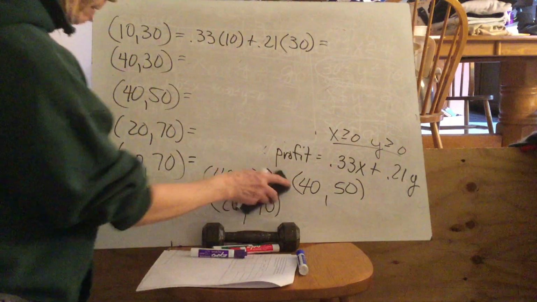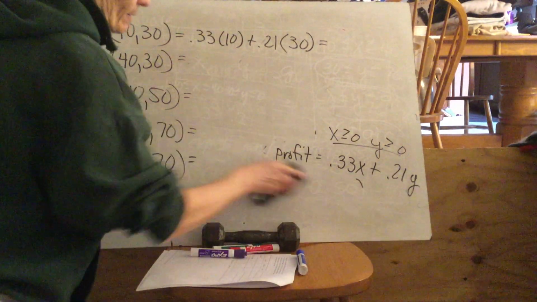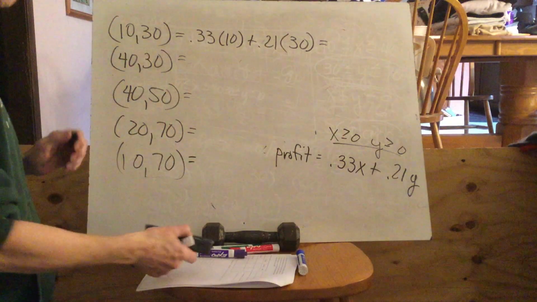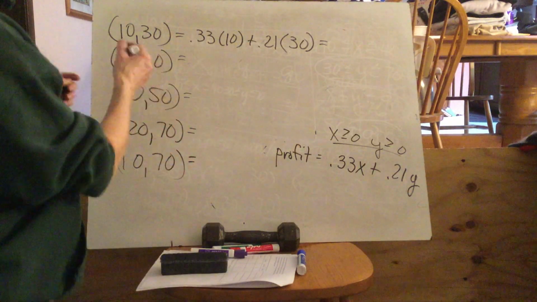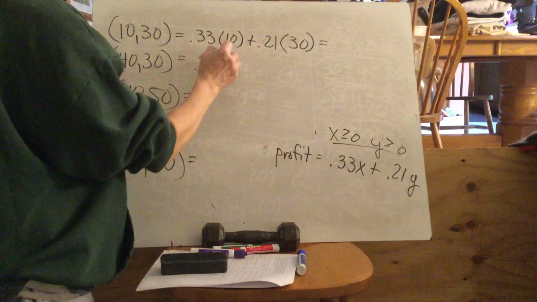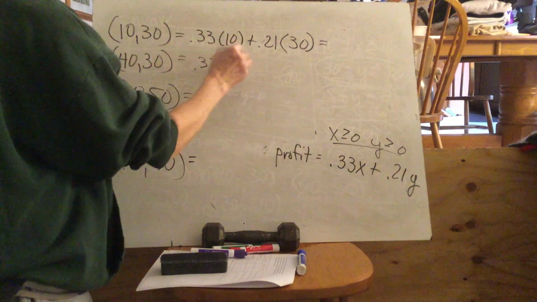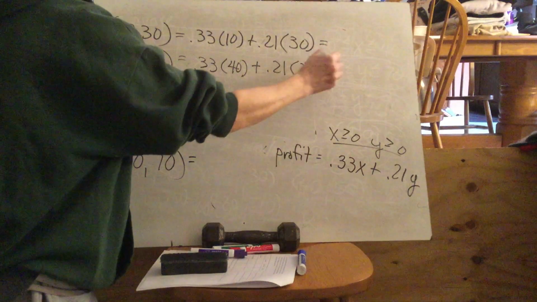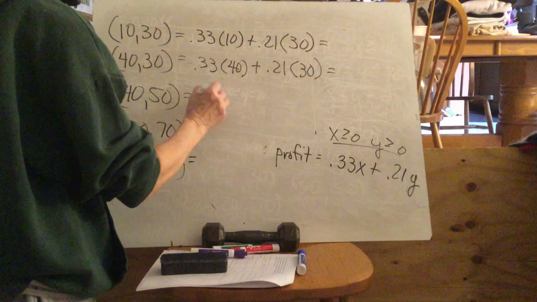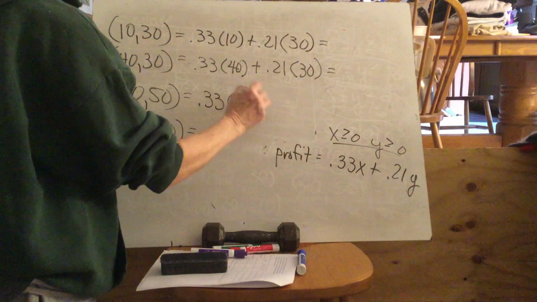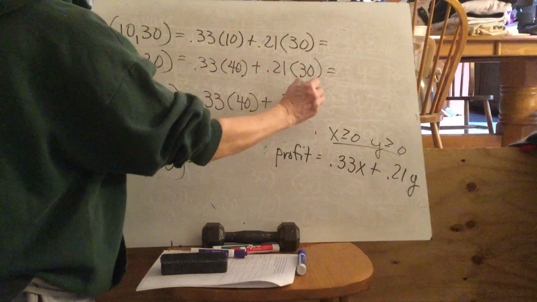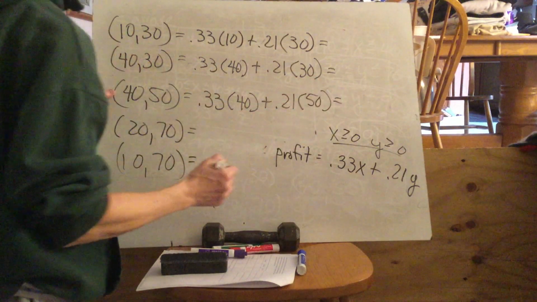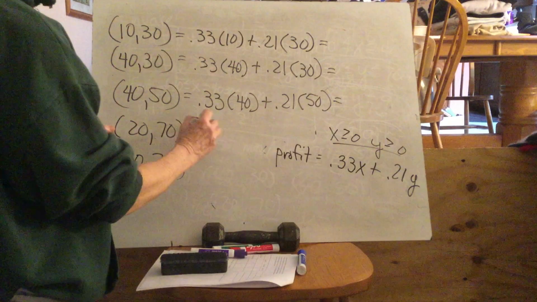All right, I think I got all my points written down, right? So now I'm going to take 33 cents times my x and 21 cents times my y. Now, I am writing all this down. You do not have to do that. I'm just going to go to my calculator, so you may feel free to just start typing it in the calculator.